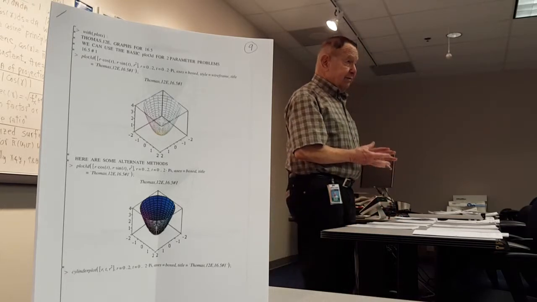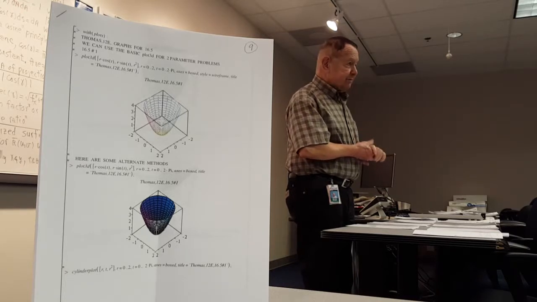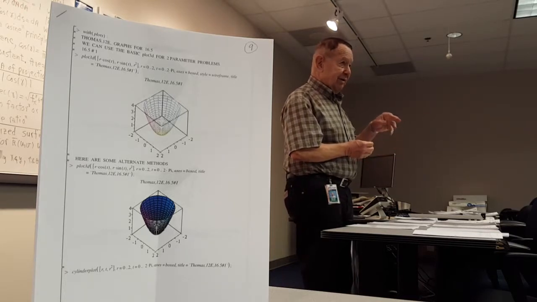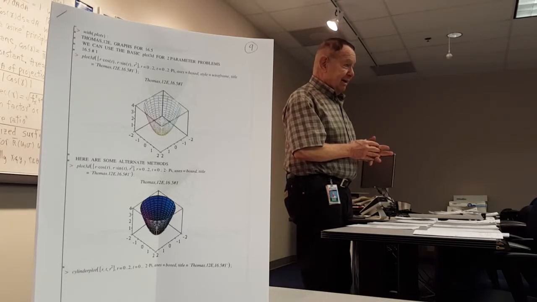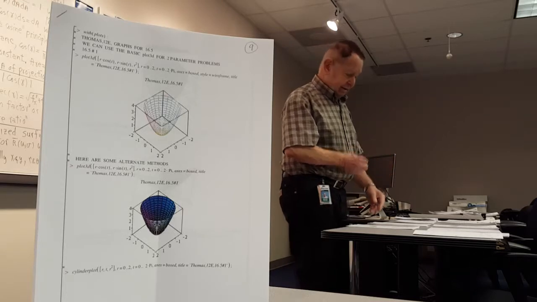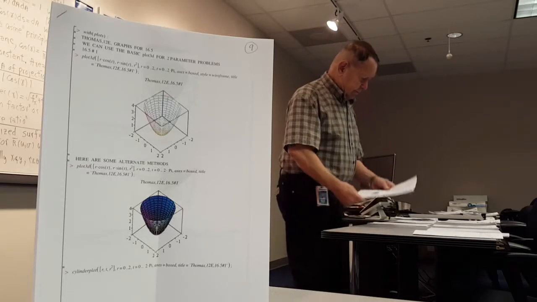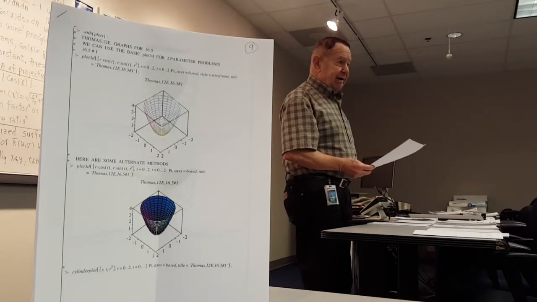You would use the actual cylindrical coordinates. You'd do r, theta, and r squared for the z, and then say coords equals cylindrical.